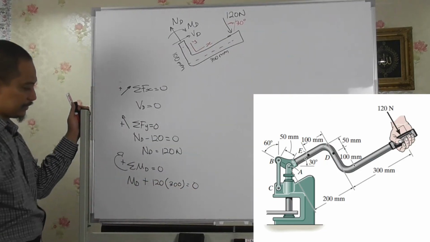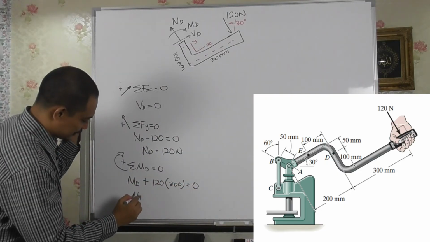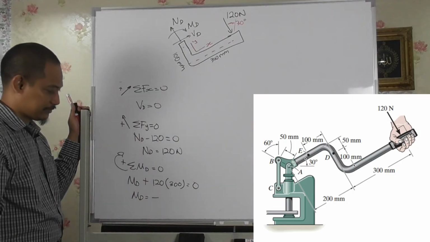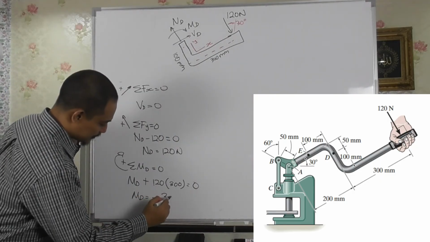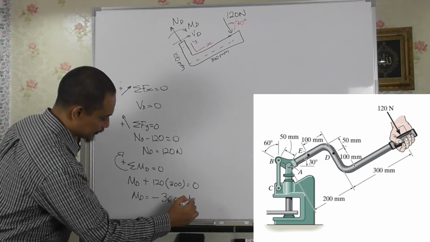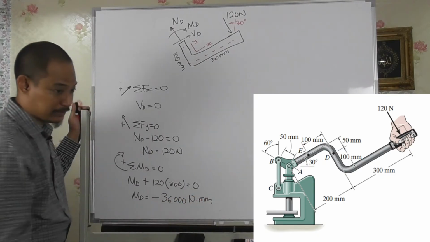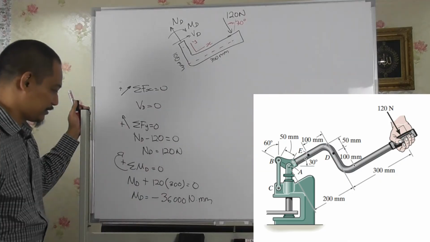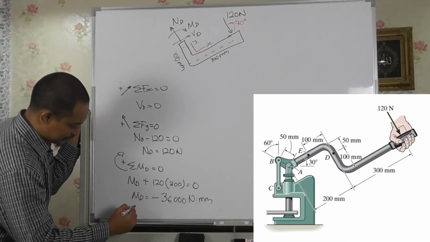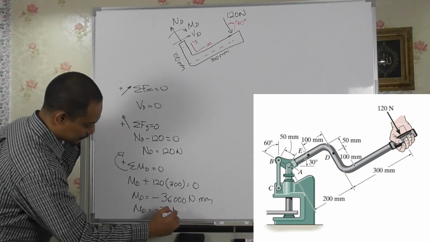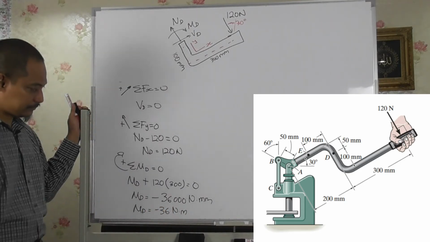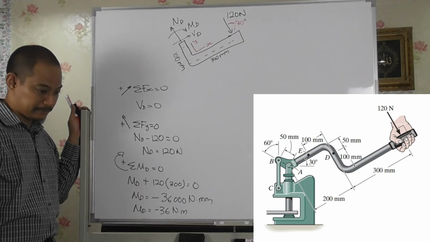This is in millimeter, right? So MD will become negative, what is this, 36000 Newton millimeter, right? It's unit Newton and millimeter, right? So, or if you want to simplify this, MD equal to minus 36 Newton meter, right?